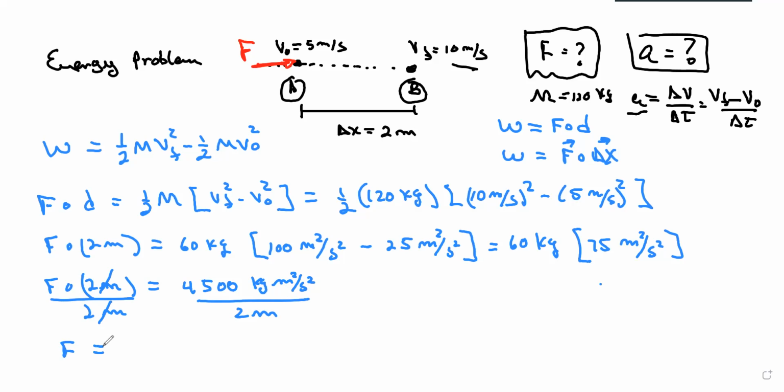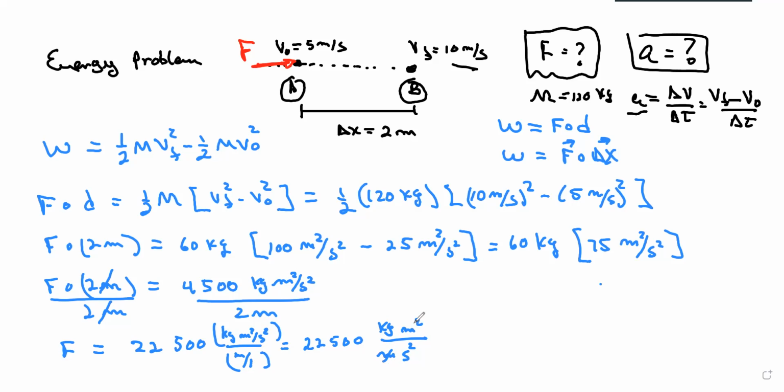It's going to give you 2250. Okay, so at the top you have kilogram meters squared over seconds squared, and at the bottom you have meters. You have two fractions right here, and then you have kilogram meters squared at the top.